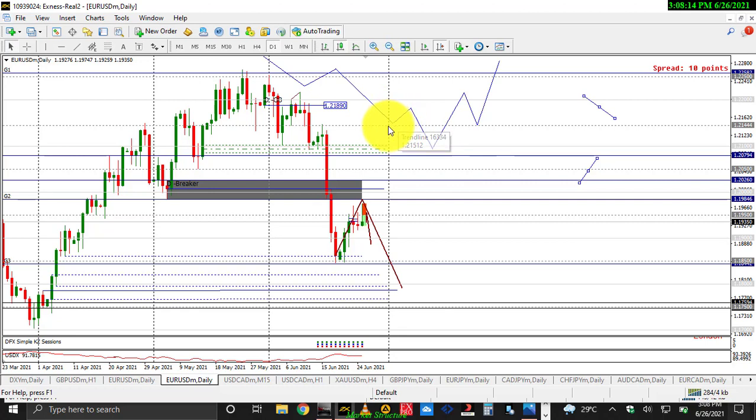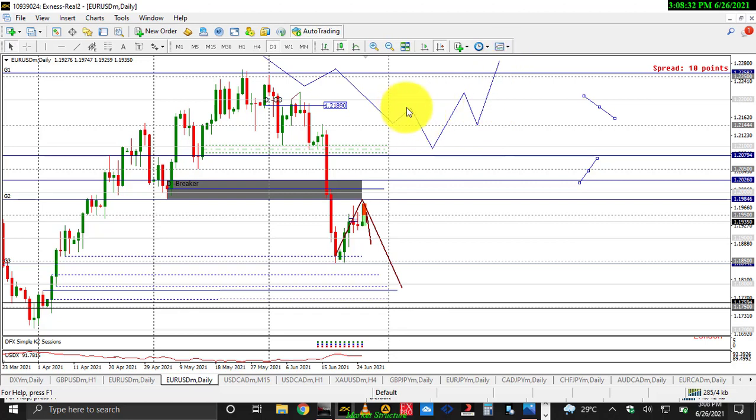So if price broke this low over here on this swing, and then came to take out this high, meaning we are bullish.